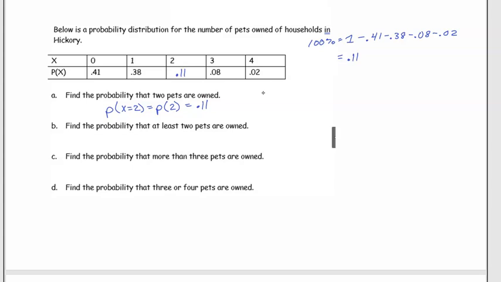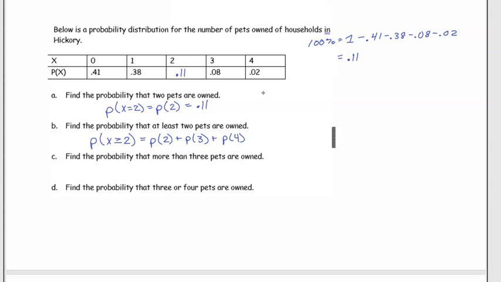Part B is asking us to find the probability that at least 2 pets are owned. At least means 2 or more. So we need to find the probability of 2 plus the probability of 3 plus the probability of 4. We're going to stop at 4 because our table ends at 4.